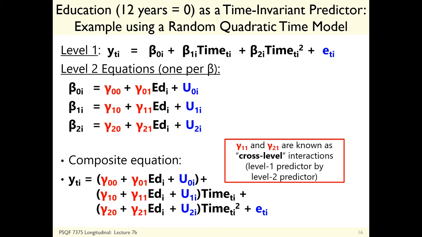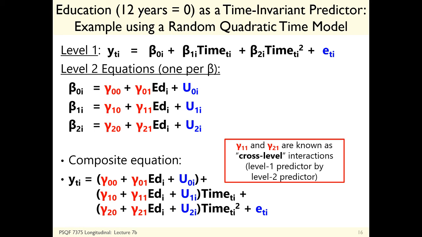You can also have a level 1 interaction, which we do have one of those, time squared. That is an interaction between 2 level 1 variables. It's a level 1 interaction. We could also have a level 2 interaction if education interacted with another level 2 predictor. So we can have main effects and interactions at each level as well as across levels.